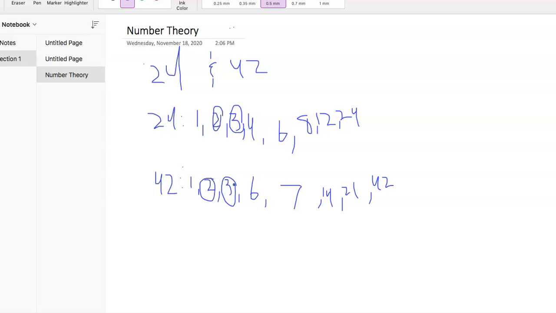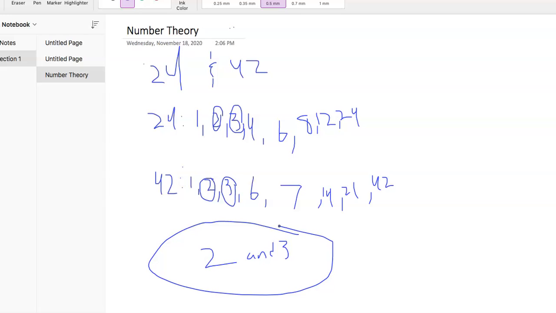So all the other evens are gone, so all the rest for 24 are gone, which means we got nothing left these guys can share, right? So 42 has a 7 that's prime, but there's no 7 for 24. So our answer is 2 and 3, right? And that's all you got to do.